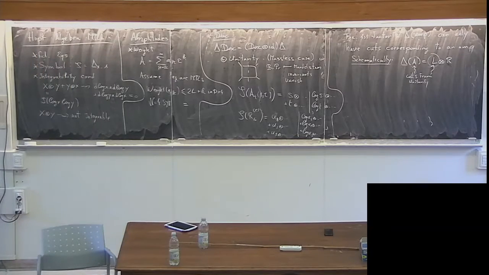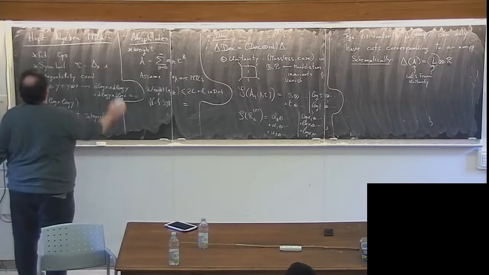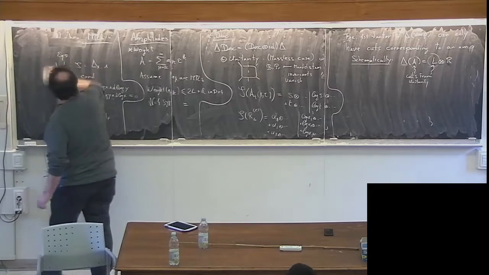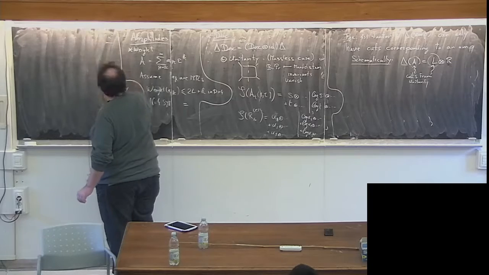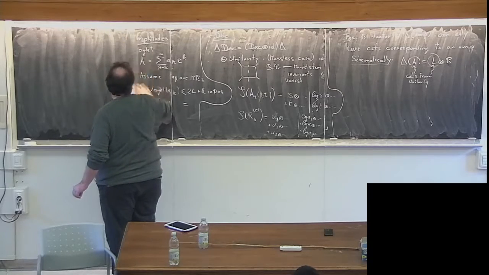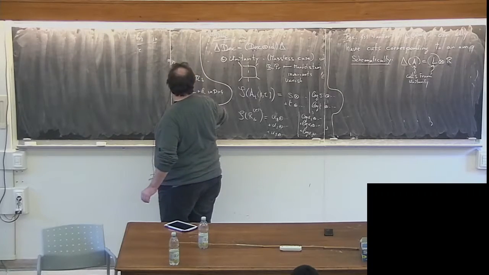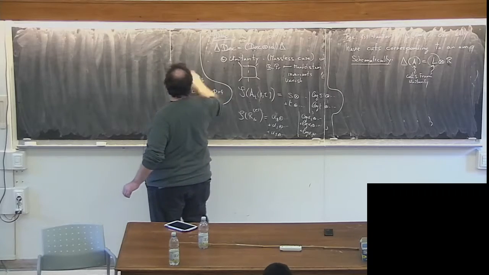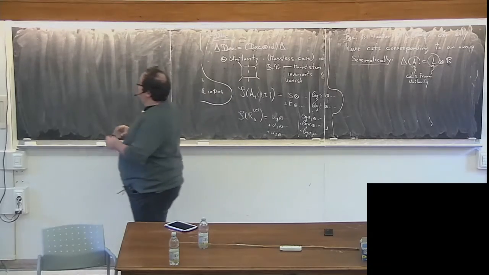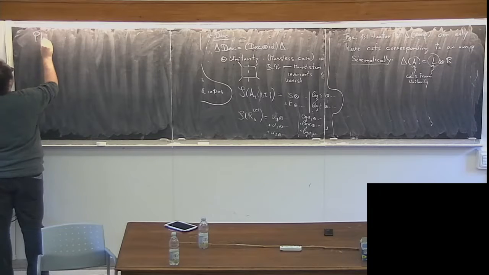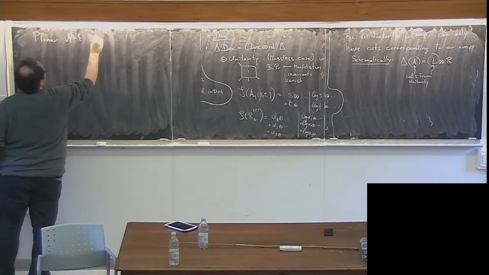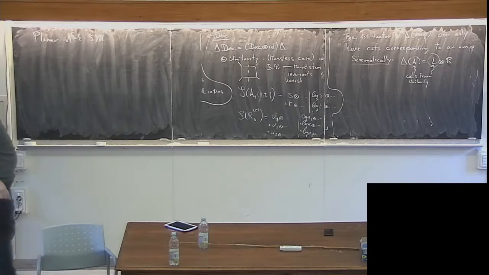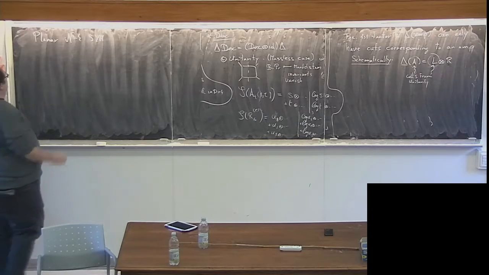Let's put all the things together that we've seen so far. Okay, and what is it that we have seen so far? So we looked at planar N=4 super Yang-Mills, and I will use that as the example now.